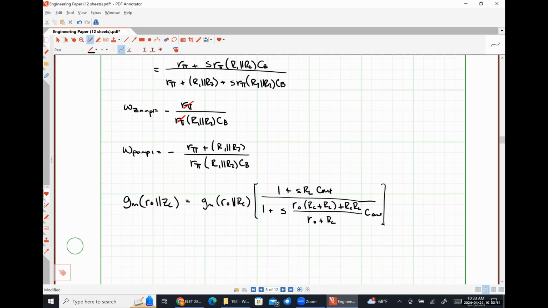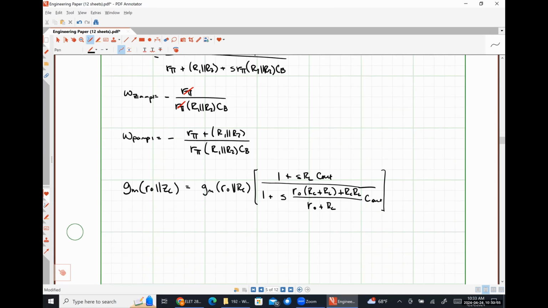Again, that bit was derived when we were looking at the common emitter amplifier.